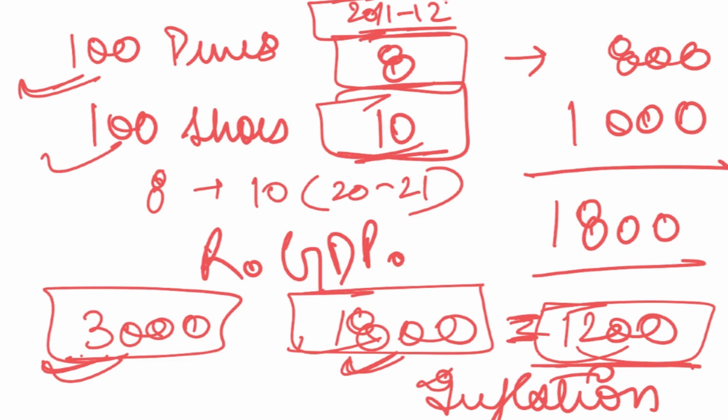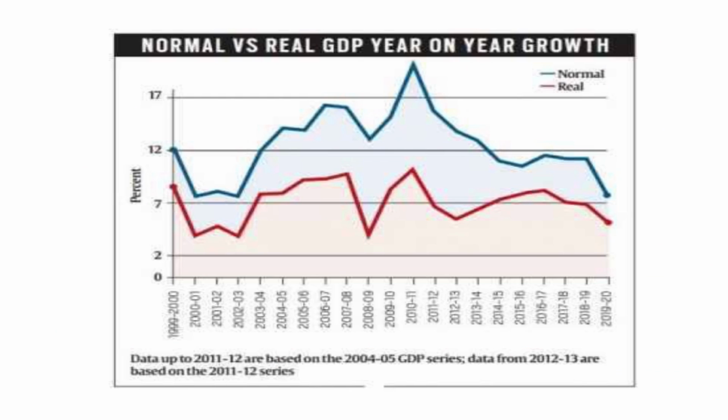And the same goes with the shoes, which were 10 rupees in the base year, that is 2011-12, and now in 2021 it is 20. The difference is the change in price, which has obviously increased. What does it denote? It denotes inflation. Understand this.